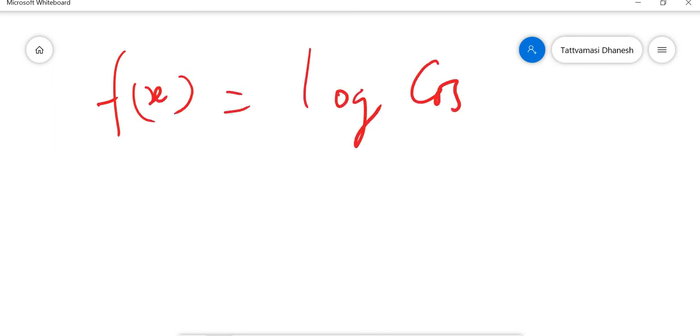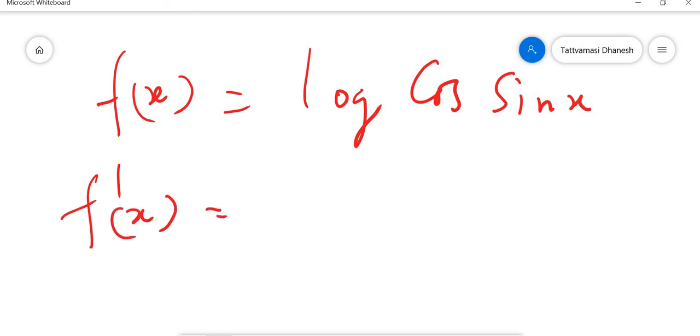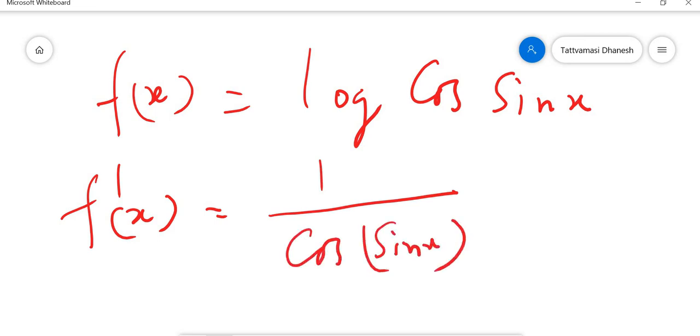Another one I will give you: f of x is equal to log cos sin x. It is nested three times. So f dash x: the derivative of log x is 1 by x, so it should be 1 by cos of sin x into, again, we need to handle cos sin x.